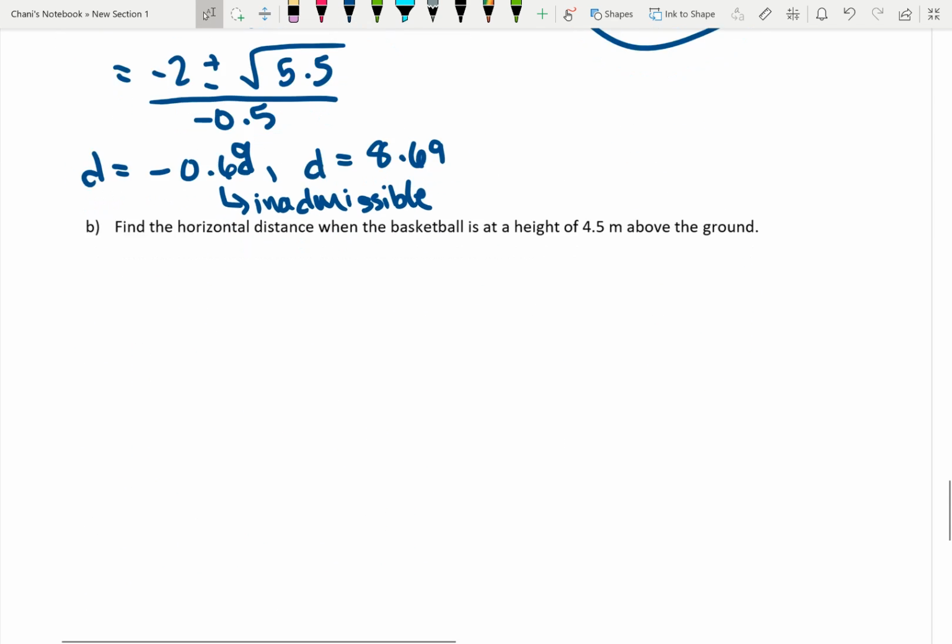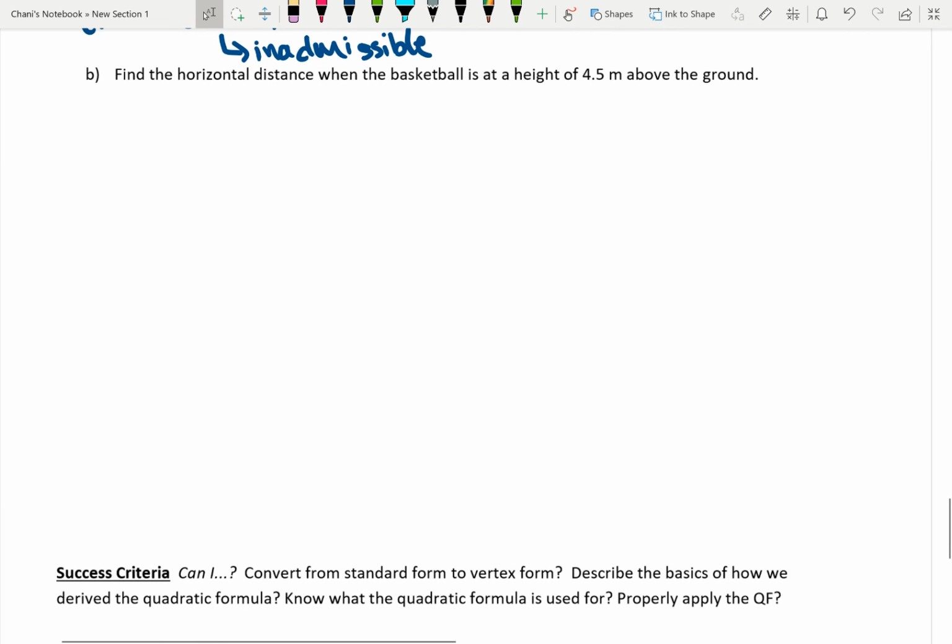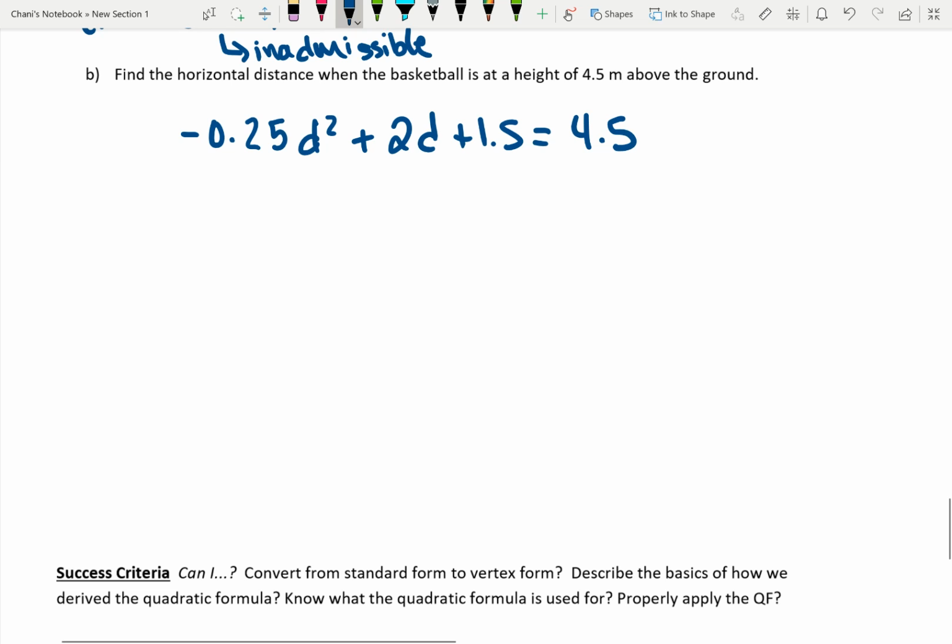Now find the horizontal distance when the ball is at a height of 4.5 meters above the ground. That is equivalent to solving this equation, negative 0.25 d squared plus 2d plus 1.5 equals 4.5. So let's think about what is different about this than our previous question. Well, here we have it equaling a number, which means we need to move it to the other side before we can use the quadratic formula.